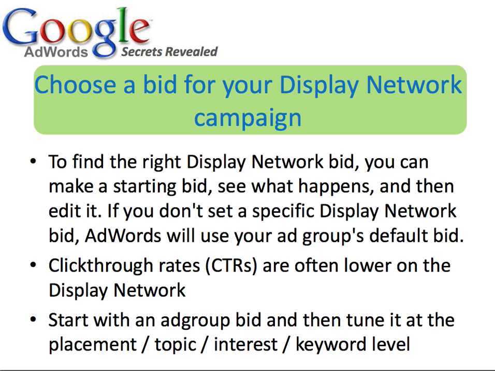Also in the display network campaign, you can set up bids at the placement, topic, interest, and keyword level. So you can set up bids depending on the specific kind of audience you want to target. If your audience is people that are visiting a given website, you can boost the bid for this website and leave all the other bids at their standard level.